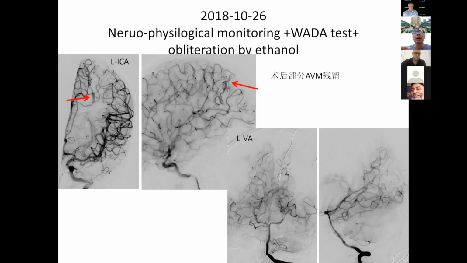So this is the result. Under neurophysiological monitoring, I performed the obliteration. You can see after my obliteration, a little bit of remnant is still filling.